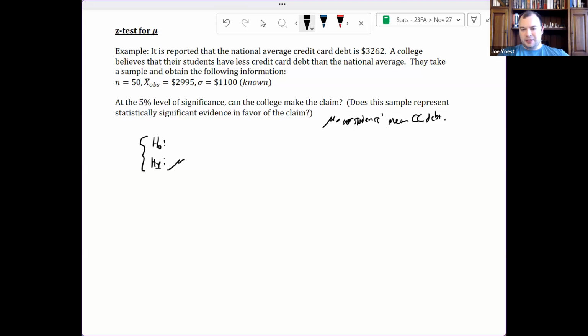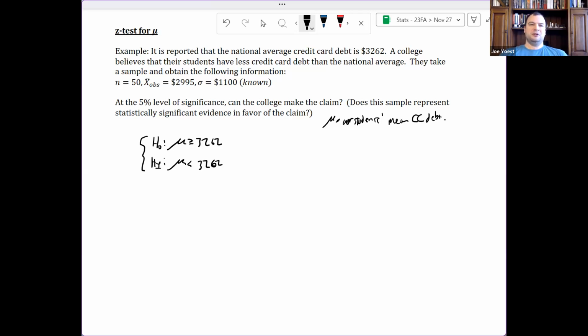I would like to make a claim about mu, that mu is less than 3262. This is what I'm going to try to provide evidence in favor of. So I want to put it as the alternative hypothesis. The other possibility is that mu is bigger than or equal to 3262.